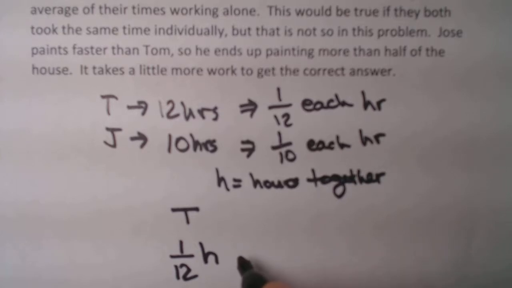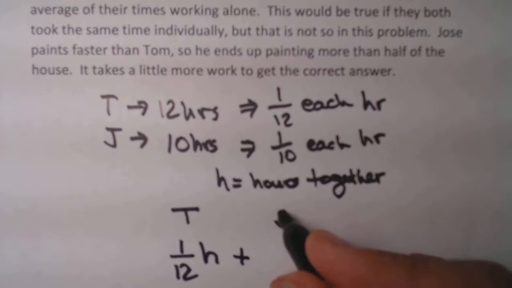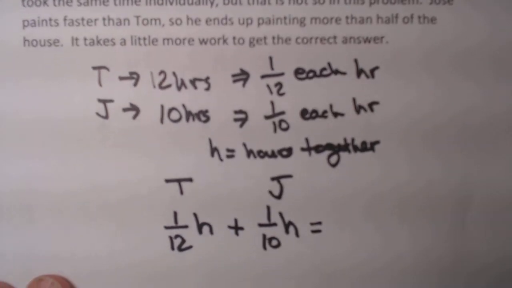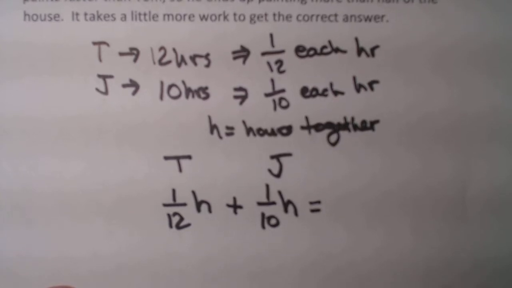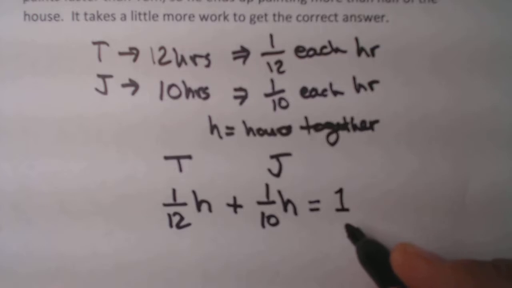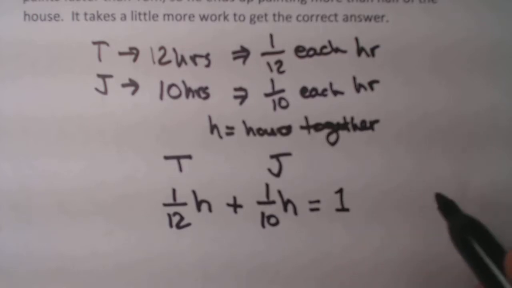Likewise, he's being helped by Jose, so this is added, and Jose does 1/10 each hour, so this is his part. So this is the total amount Tom will do in H hours, 1/12 times H, and the total amount Jose will do, 1/10 times H. And that equals how many houses they're painting. Since we're only doing one house, we put a 1 here. If it had been two houses, we'd put a 2, or half a house, and so forth.